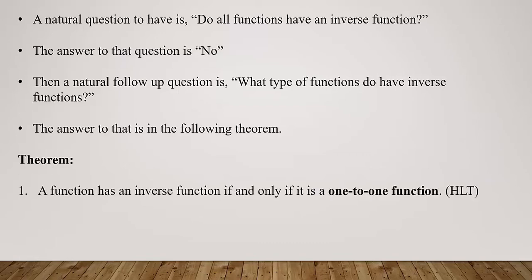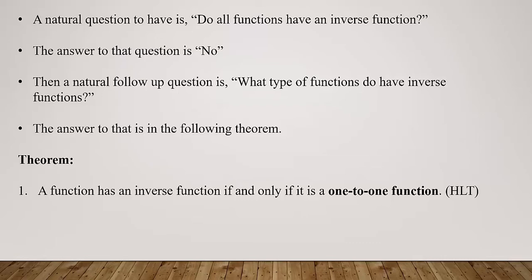A function has an inverse function if and only if it is a special function called a one-to-one function. Now, some of you may remember that you can graphically determine if a function is one-to-one by employing the horizontal line test. That's what HLT stands for. The horizontal line test says, look at the graph of a function.